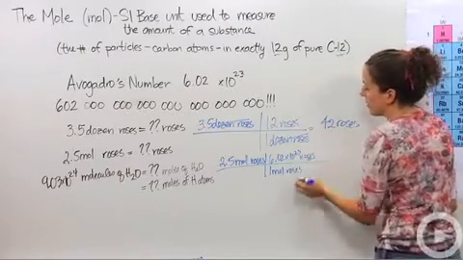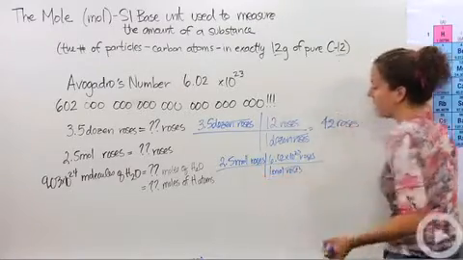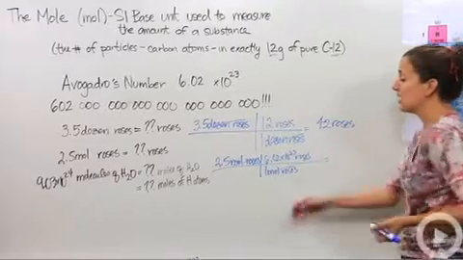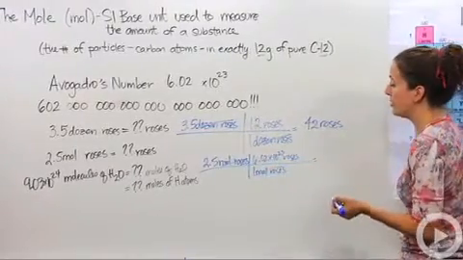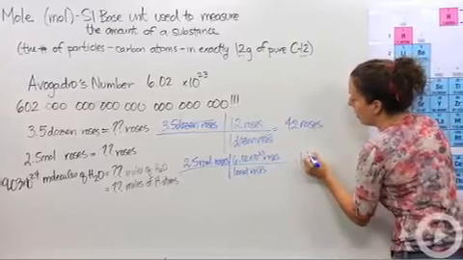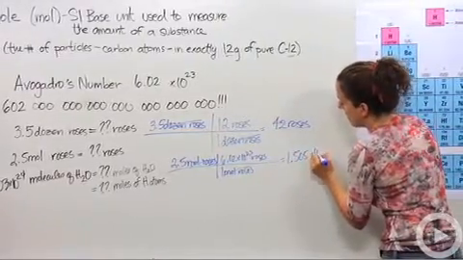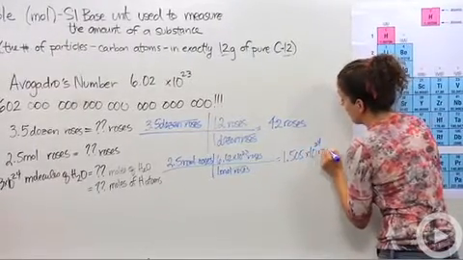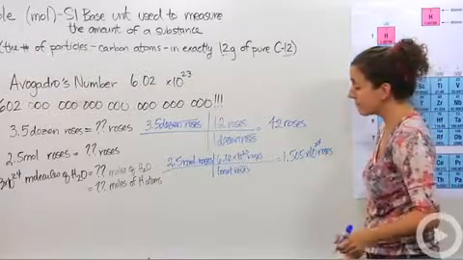Because 1 mole equals that many roses. That unit can cross out. We're left with roses. If we multiply this number together, 2.5 times 6.02 times 10 to the 23rd, we get 1.505 times 10 to the 24th roses. It's a lot of roses.